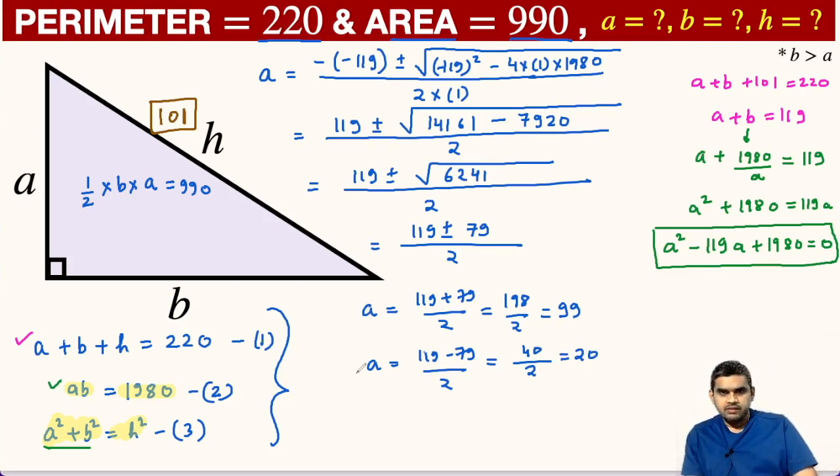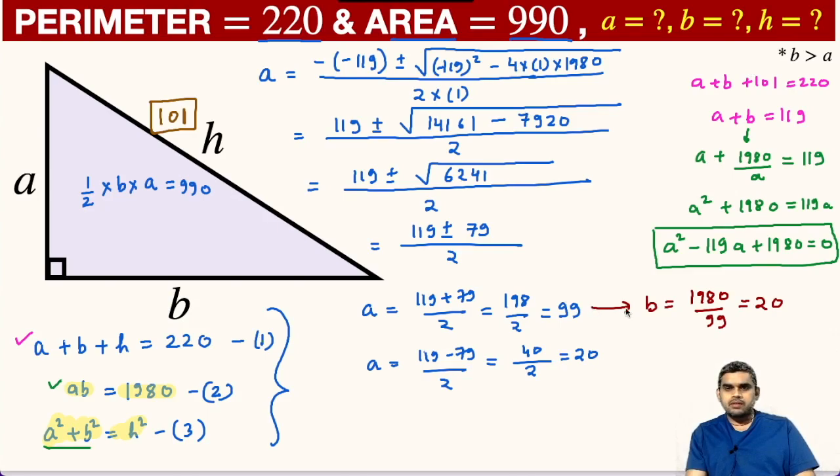So the two possible values for a are either 99 or 20. Now if the value of a is 99, b will be equal to, we know that it is 1980 upon a, so divided by 99, so this will be 20.